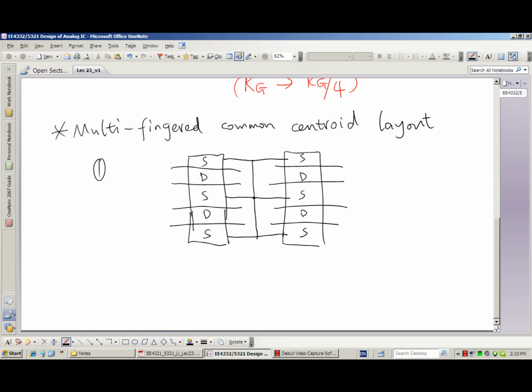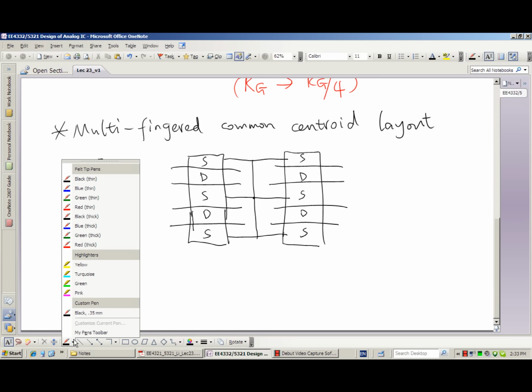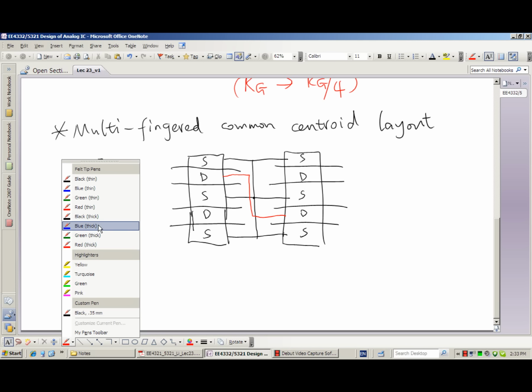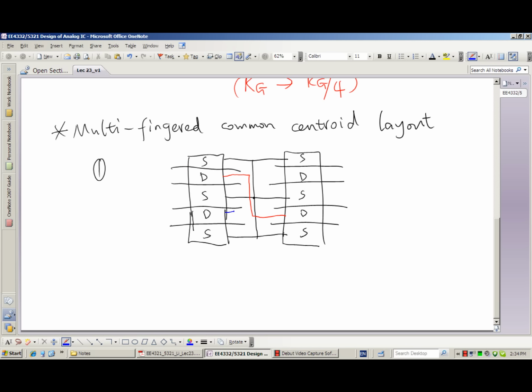And we know that those two fingers are for transistor number 1. Those two fingers are also for transistor number 1. So we have to connect the drain of transistor number 1 together. Yes, like this. And also connect the drain of transistor number 2 together. So what we can do is like this.